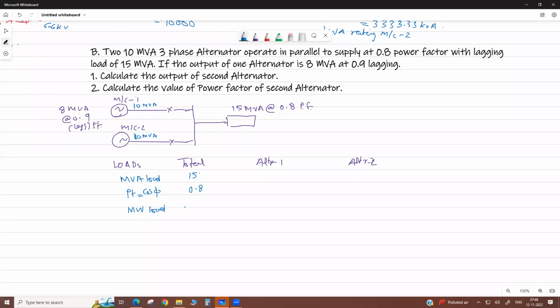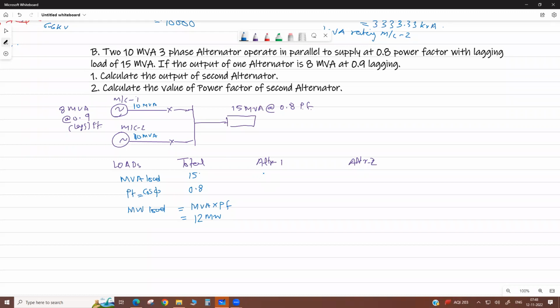Now megawatt is the MVA load into power factor. So it comes 15 into 0.8, 12 megawatt.